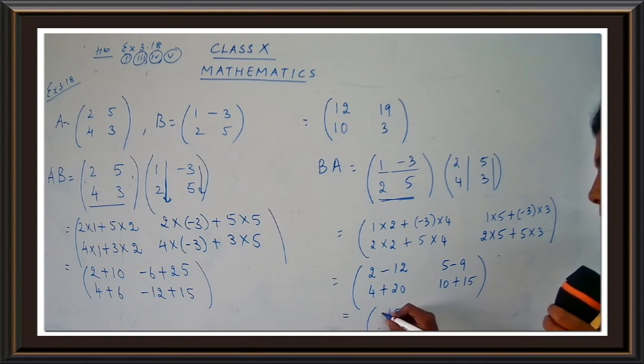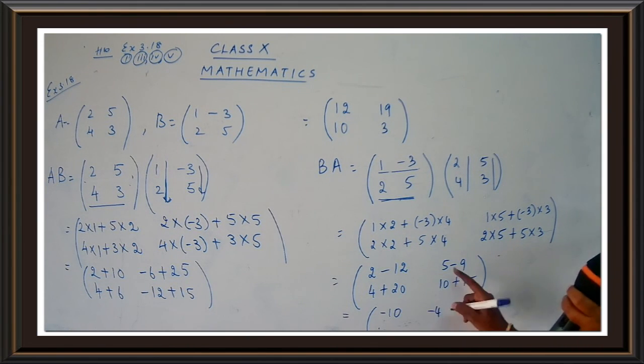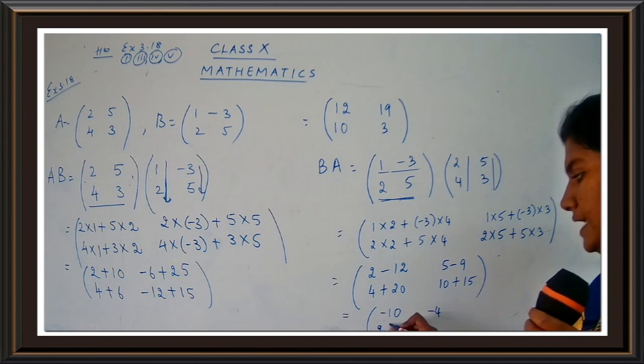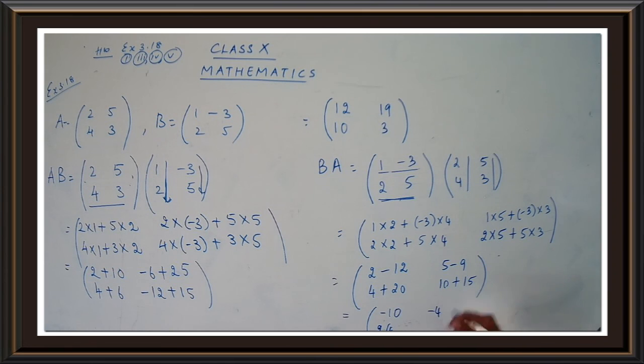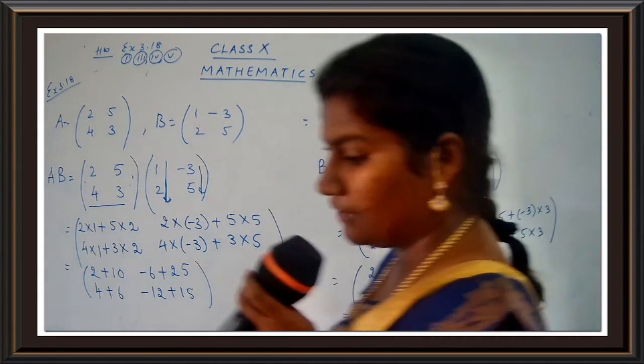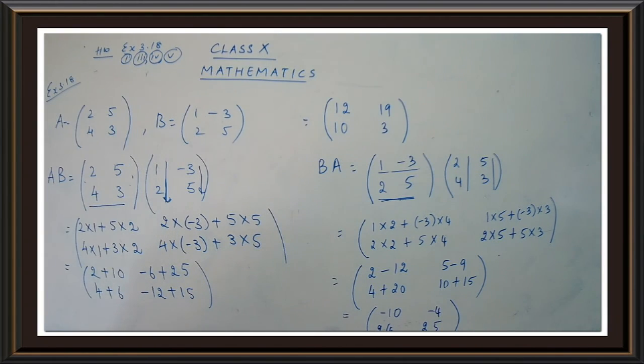Sign of the bigger number, minus. 5 minus 9, minus 4. Plus minus is minus. Sign of the bigger number, minus. 4 plus 20, 24. 10 plus 15, 25. So we have found BA. What is the BA answer? Minus 10, minus 4, 24, 25.